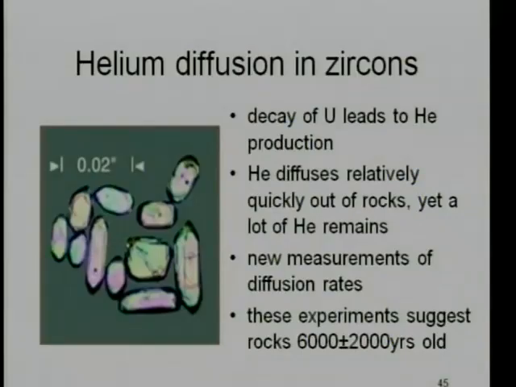And there were these zircon crystals that had very high amounts of helium. There had been an awful lot of decay occurring, that had produced all this helium, but there was an awful lot of it still left in the crystals. And if these rocks were really millions or billions of years old, that helium should have diffused away, or so it was thought.